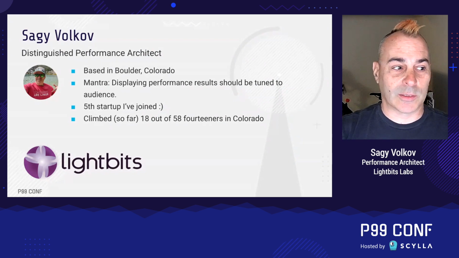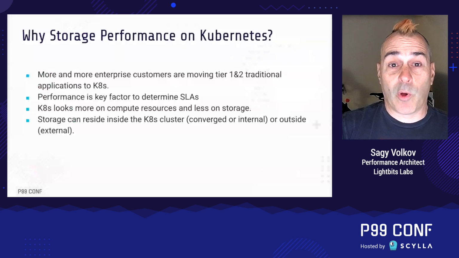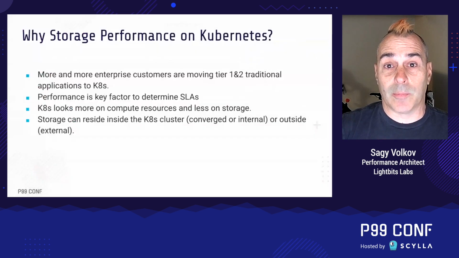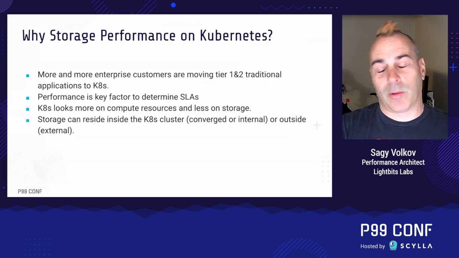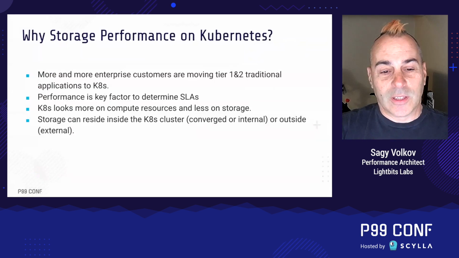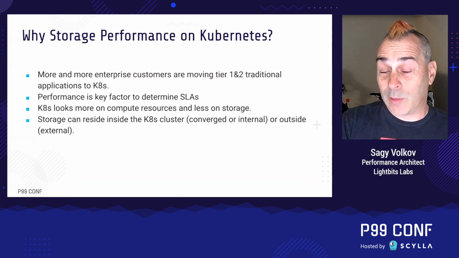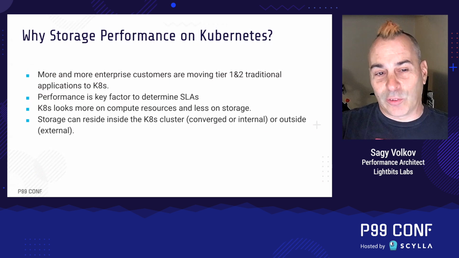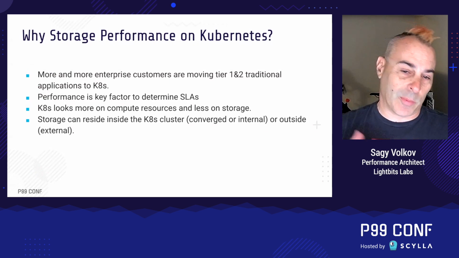Let's continue on. So, storage performance on Kubernetes. Initially, Kubernetes was all about stateless applications, but then more and more companies started to use it for stateful applications, and then eventually the big enterprise companies started to use Kubernetes as a platform.